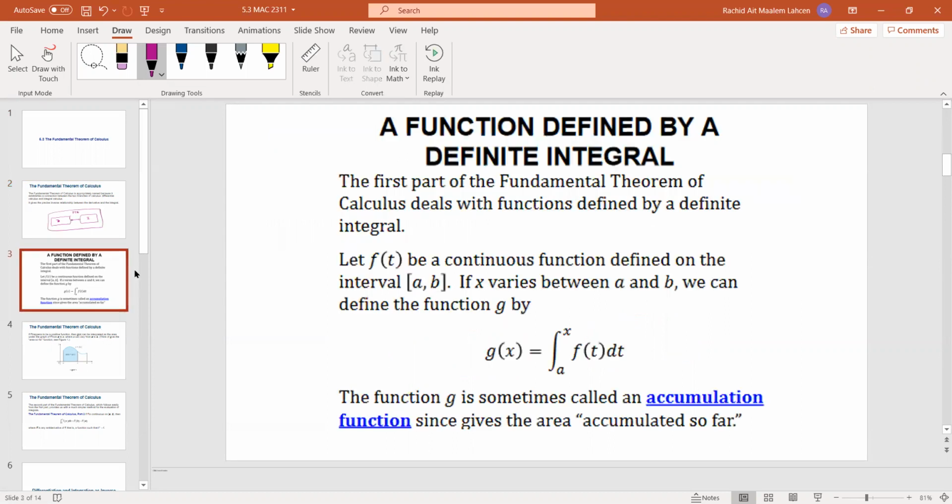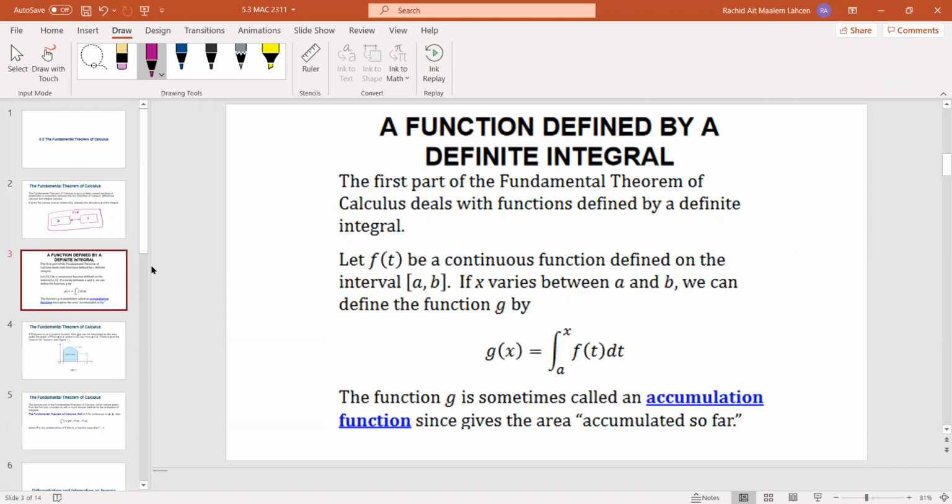And you'll see it. Before we do that, let's look at a function defined by a definite integral. The first part of this FTC needs this definition.